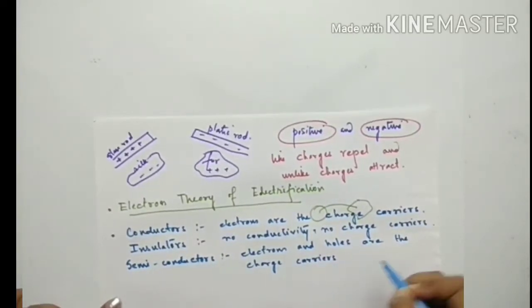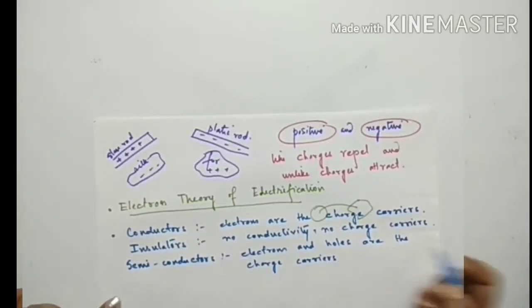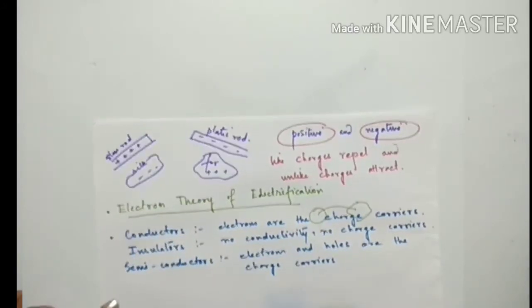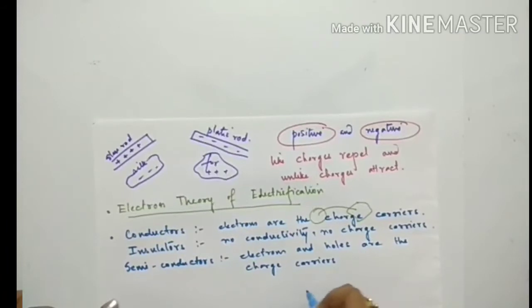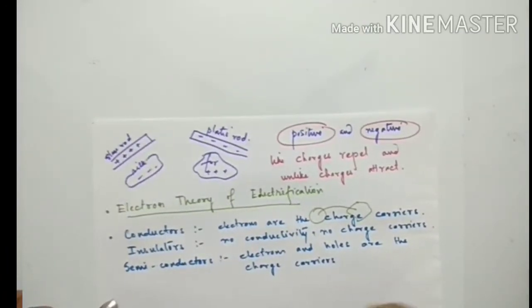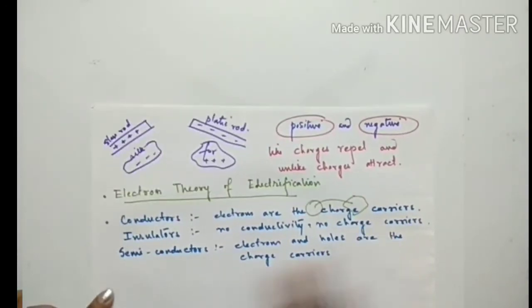Another property of semiconductors is that their conductivity can be increased or decreased by adding impurity. We shall deal with all these things later. As of now, we are aware of these properties of conductors, insulators and semiconductors.